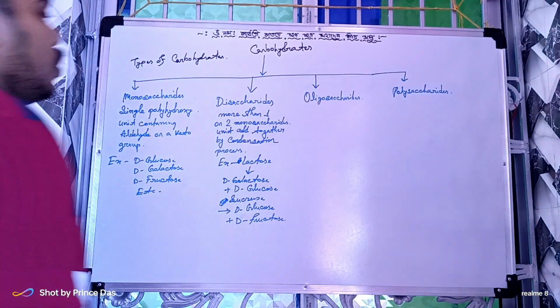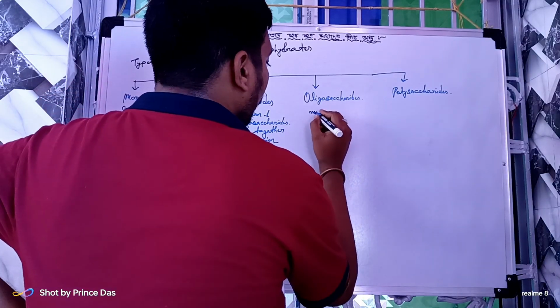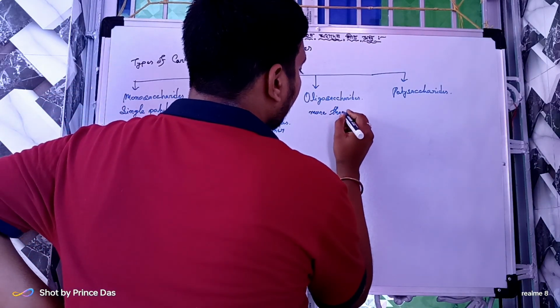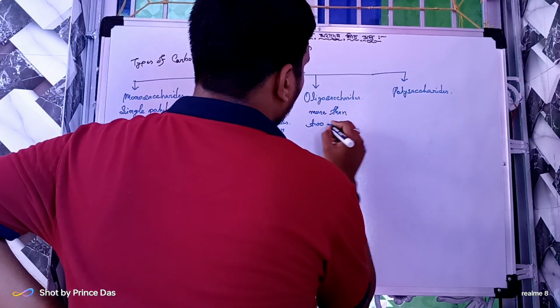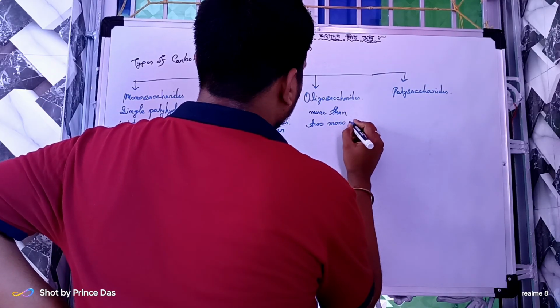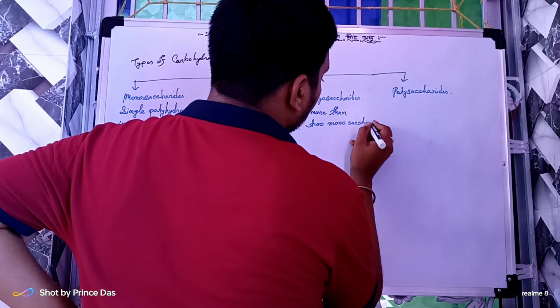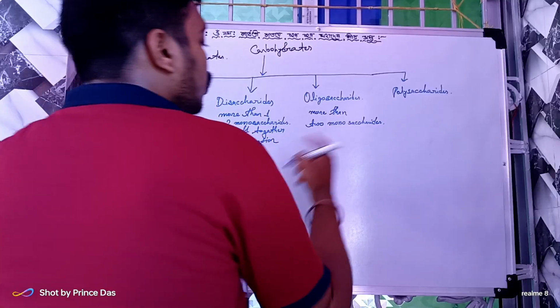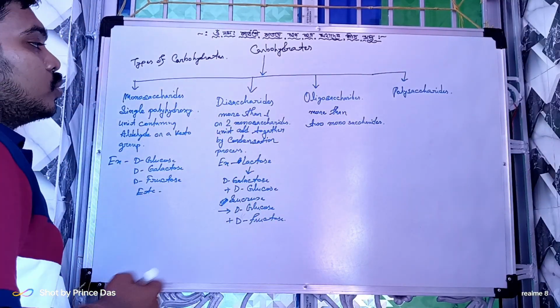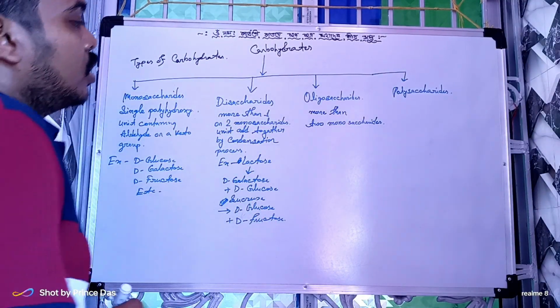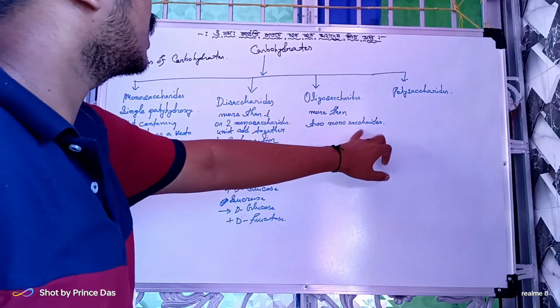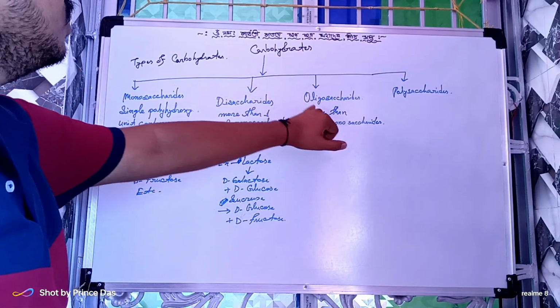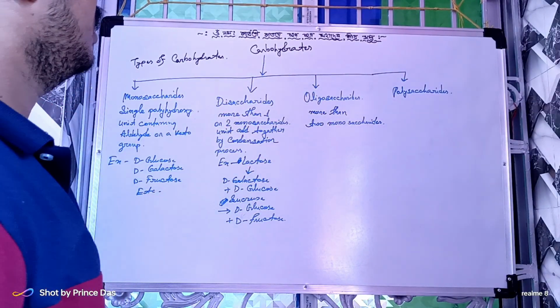Oligosaccharide is more than two monosaccharides. When more than two monosaccharides add to each other, it is called an oligosaccharide.